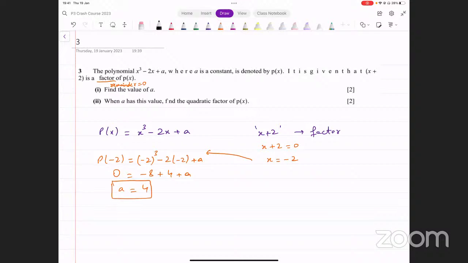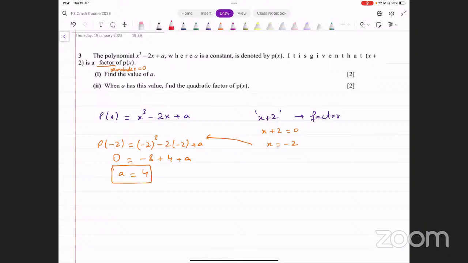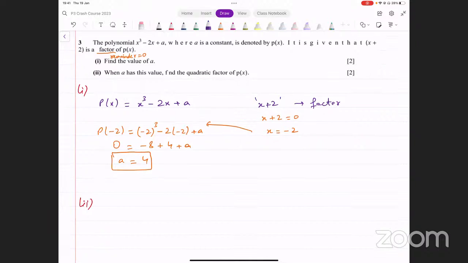Now the second part says, when a has this value, that means when a is equal to 4, find the quadratic factor of p of x. Okay, so now the polynomial is x cubed minus 2x plus 4.